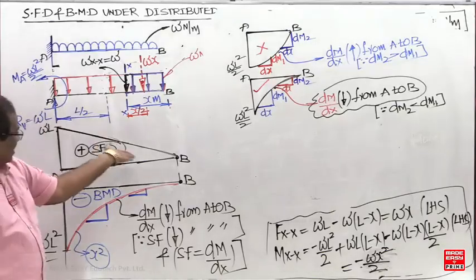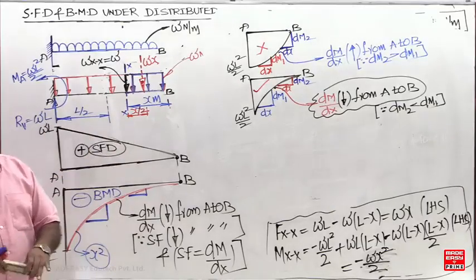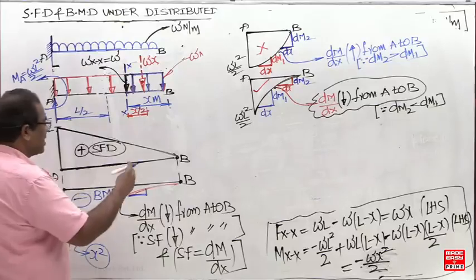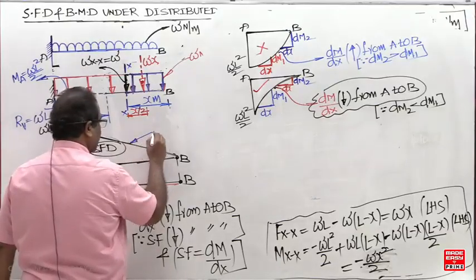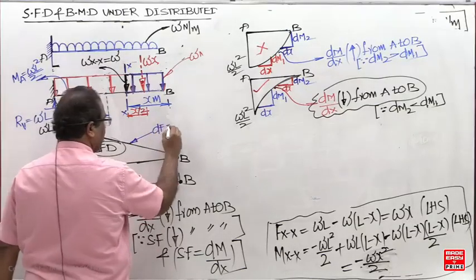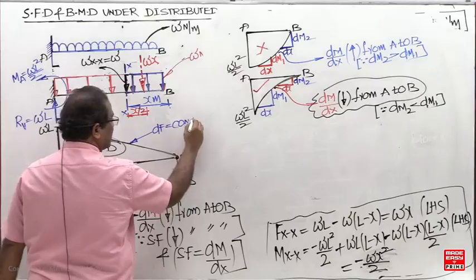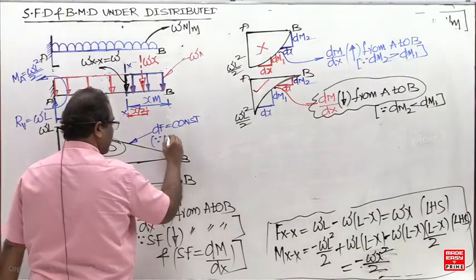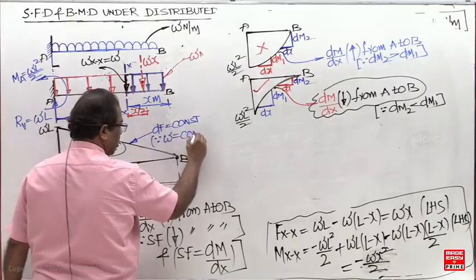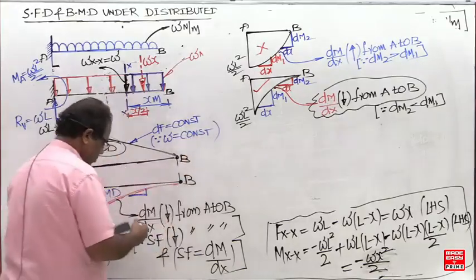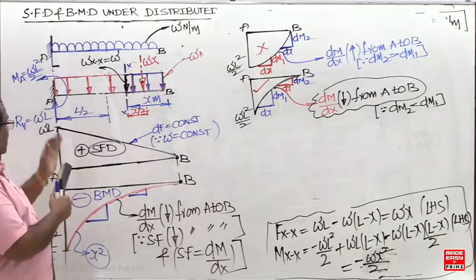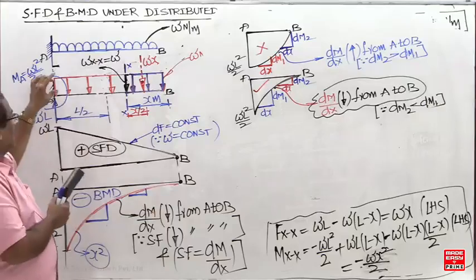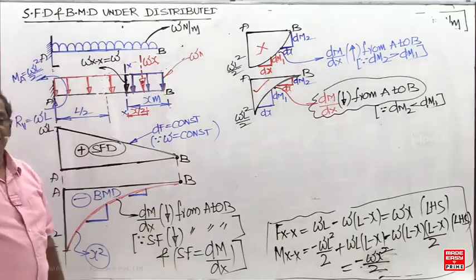What is the slope of this line? What is the slope of the SFD? Constant. An inclined line has constant slope. Why is the slope constant? Because load intensity is constant. So what is the conclusion?